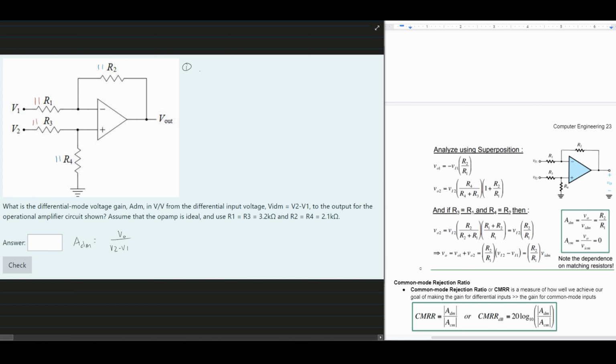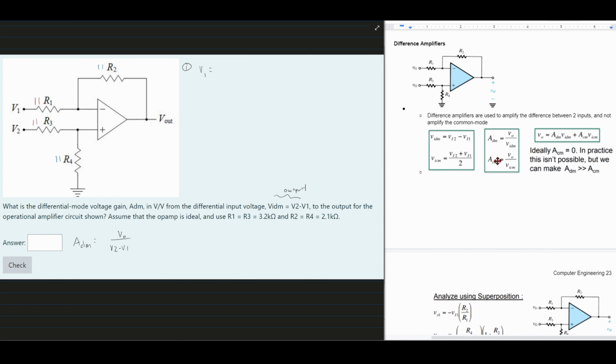So we have our V output 1, and this is just going to be V1. Our VIDM here deals with the output, and if we look at the notes, we'll see up here that it's the difference between two points.